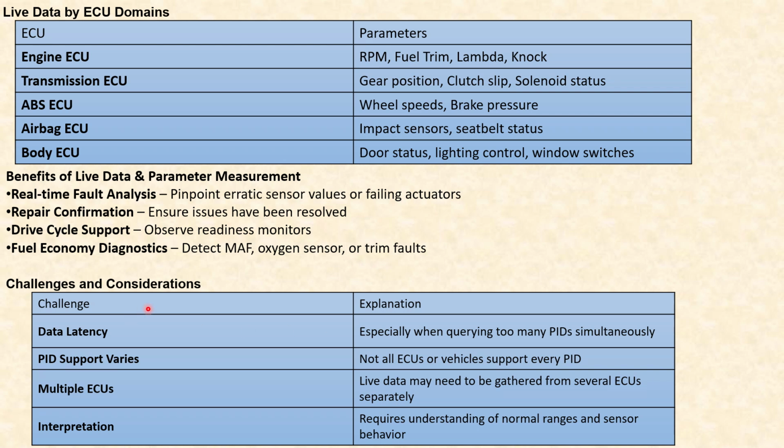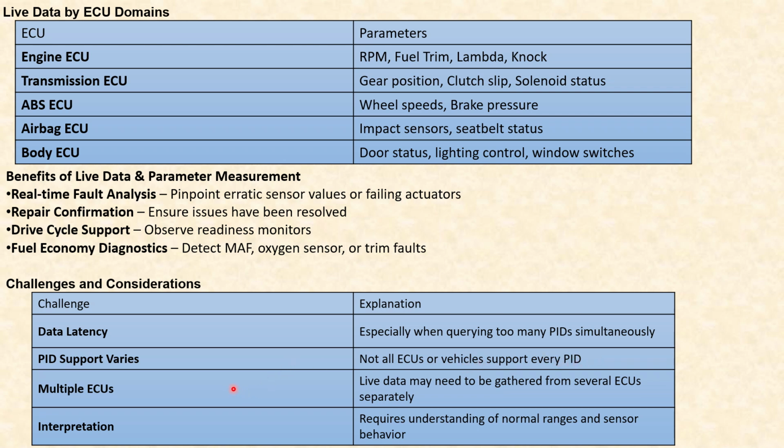Now coming to the challenges and considerations, the biggest challenge is data latency, especially when querying too many PIDs simultaneously. When you query too many PIDs simultaneously, there's a good chance of some lag. PID support varies; not all ECUs or vehicles support every PID.